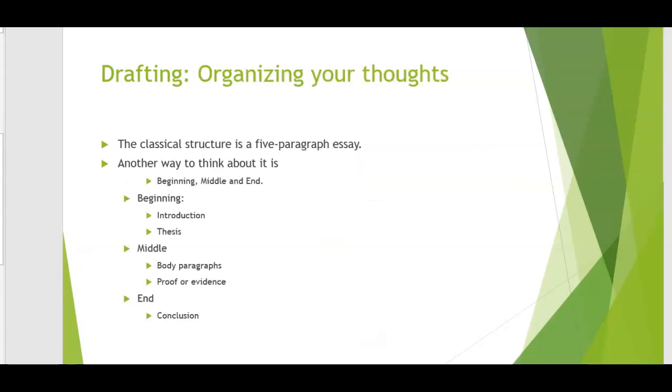So we think about putting together the classical structure of the 5-paragraph essay. I like to think of it as the beginning, the middle, and the end. At the end, I always say that a good conclusion makes a prediction. For instance, if you're writing about whether or not we should keep readings on the syllabus, this might include a prediction about the future and what students might gain from future classes.